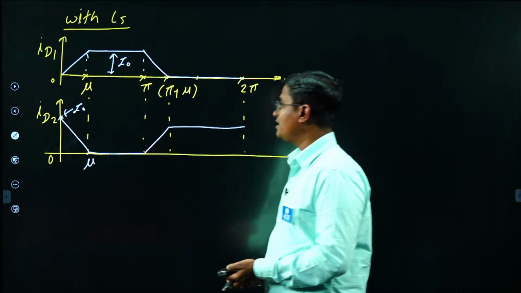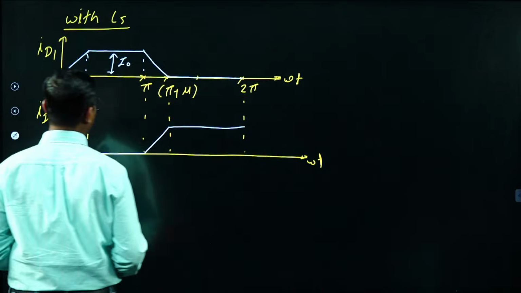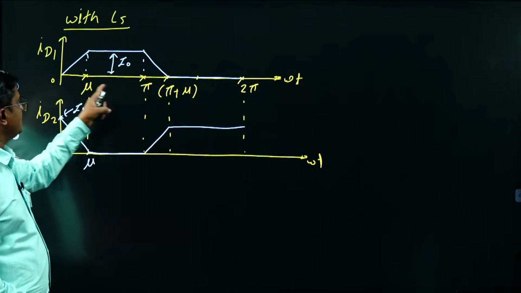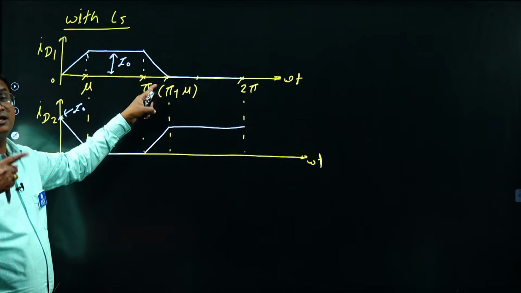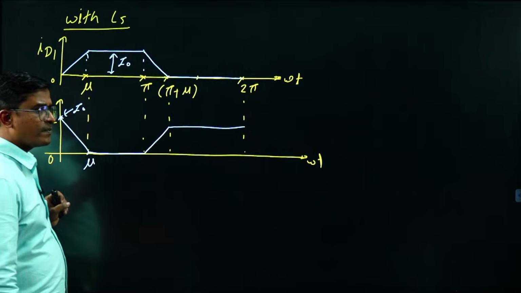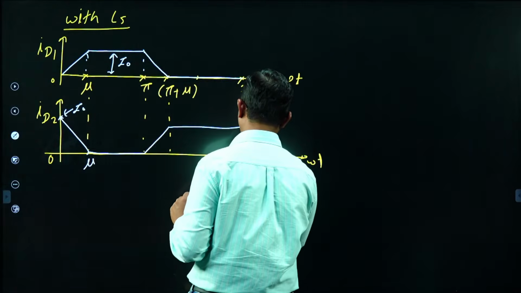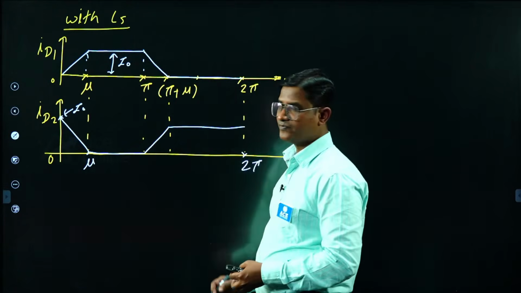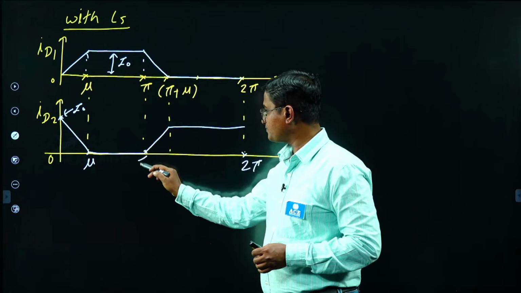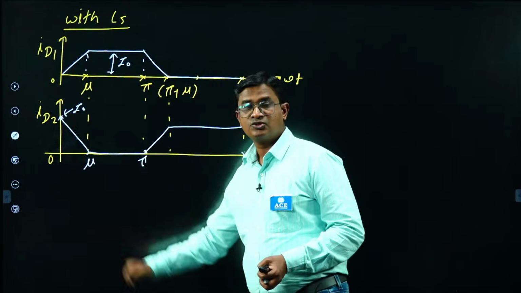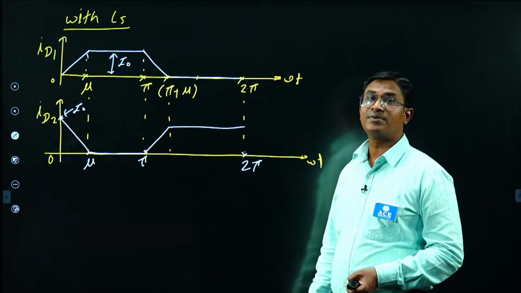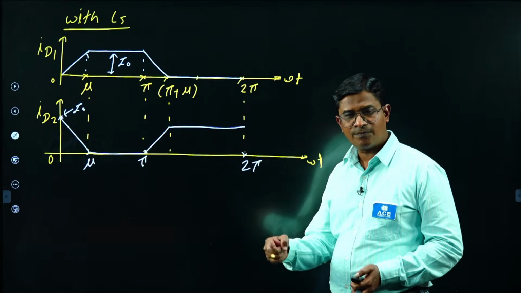So here tell me diode D1 conduction and diode D2 conduction. D1 conducts from 0 to pi plus mu, so the conduction angle is greater than 180. For D2, check, over 0 to 2 pi, how much angle does my D2 conduct? It conducts from pi till 2 pi. At the same time this mu also, so D2 also conducts for pi plus mu, D1 also conducts for pi plus mu.